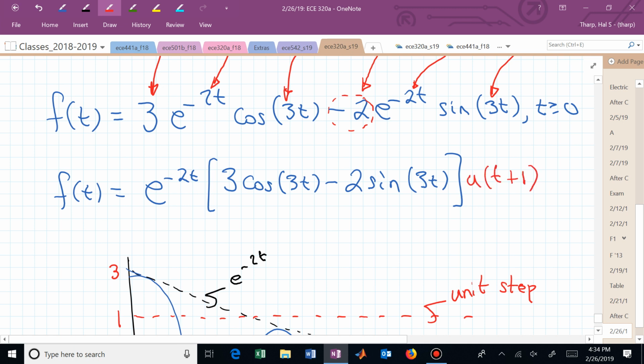I'm really saying, when is my argument non-negative in the u of t expression? I would say, let me see when t plus 1, that's the argument, is greater than or equal to 0. That's true when t is greater than or equal to -1. And that would turn it on for negative values of t from -1 up to 0 and beyond.